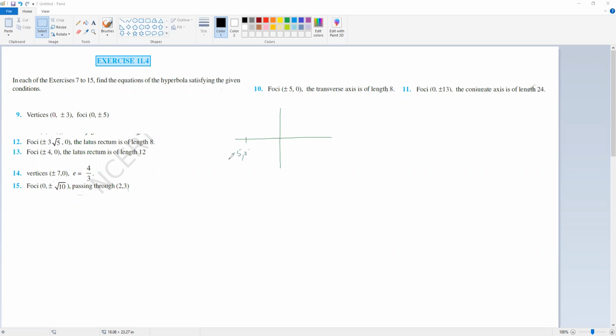So minus 5, 0, plus 5, 0. So it should be like this. So we know that transverse axis is horizontal. In the second, see, let's do it together quickly. Foci is 0, plus, so here 0, 13, here 0, minus 13. So it will come like this.